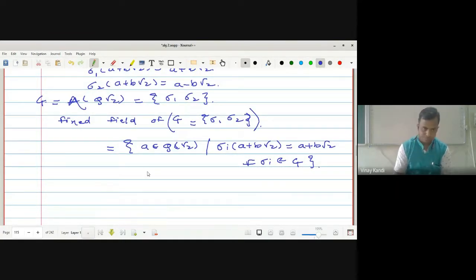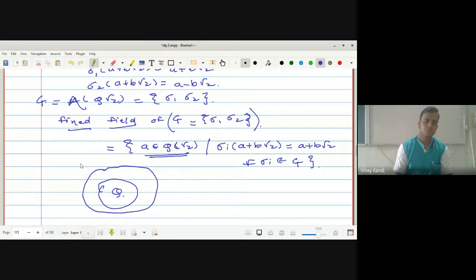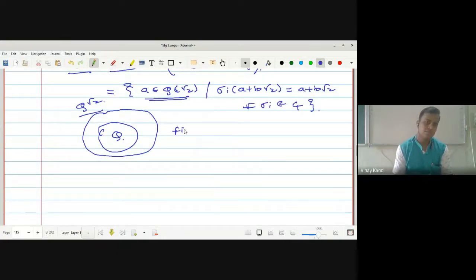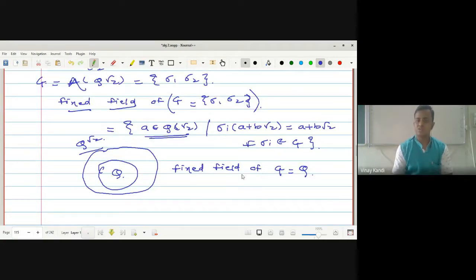Now look at it. Whatever fixed point field comes, it will be a subfield of this, it will be a collection from this. Okay, suppose this one is Q and this one is Q root 2. Now, is the fixed field of G equal to Q? Is it correct? What is the fixed field of G? G is sigma 1 and sigma 2.